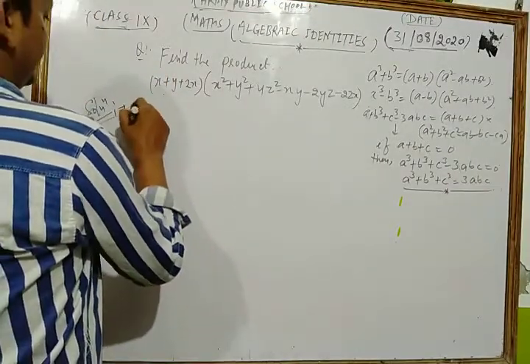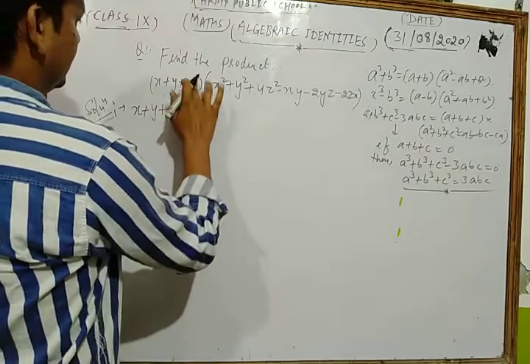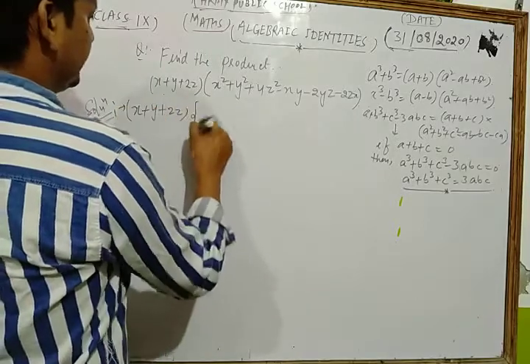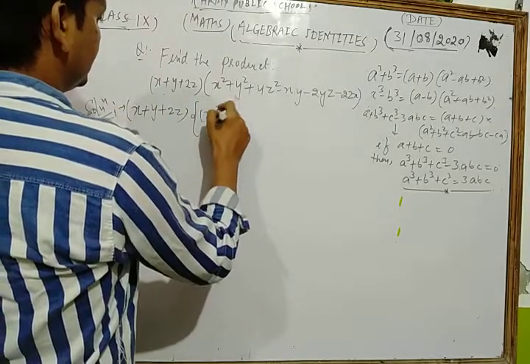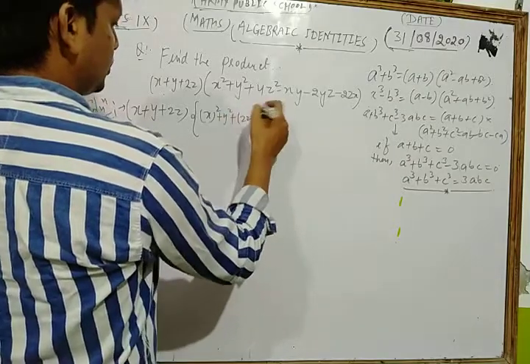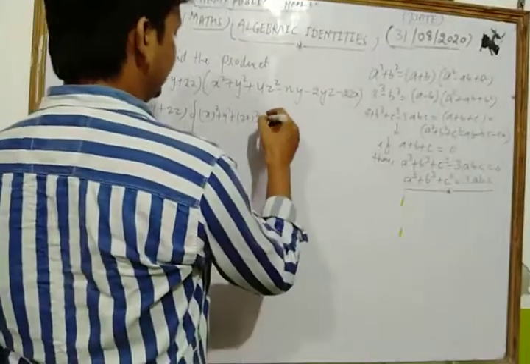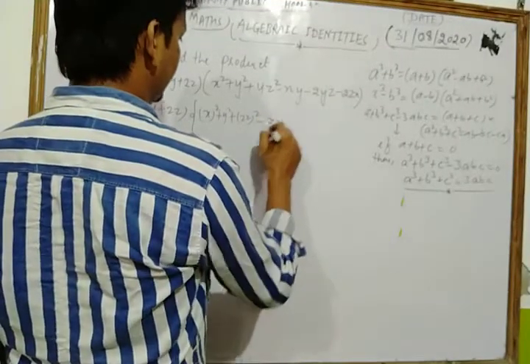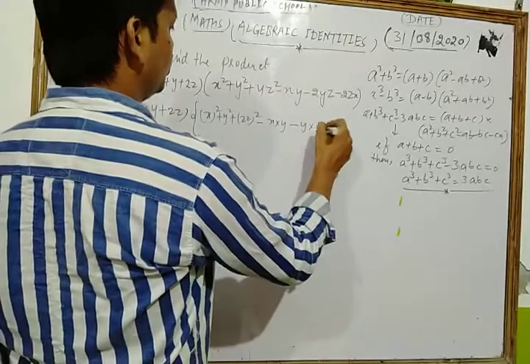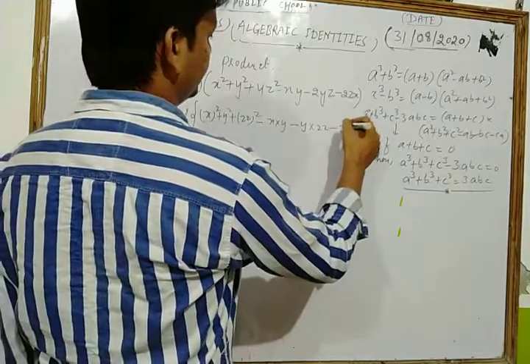Here we write it this way: x plus y plus 2z, and in another bracket x square as it is, plus y square as it is, plus 2z square, minus xy, minus y into 2z, and minus 2z into x.